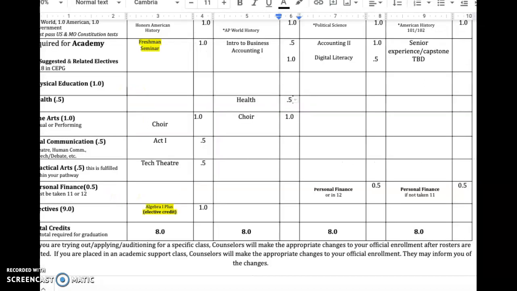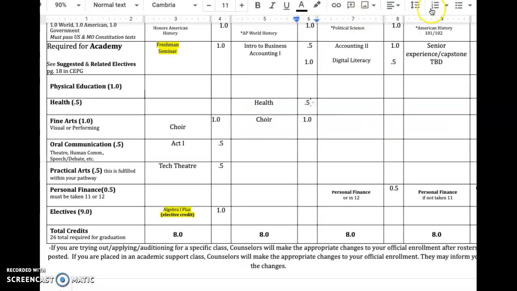So I'm going to go back to my ICAP, and in my form here, I'm going to put PE. I'm going to put swimming, and I'm going to put a 0.5. Remember, it's a semester, and then I'm going to go ahead and put in general PE.